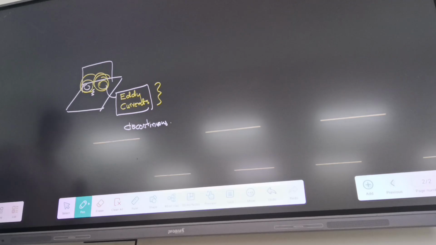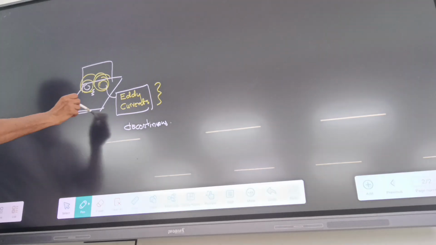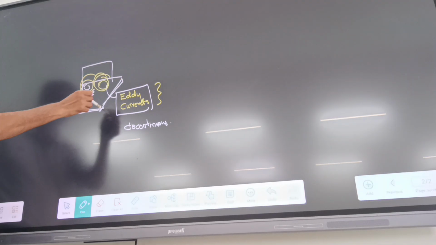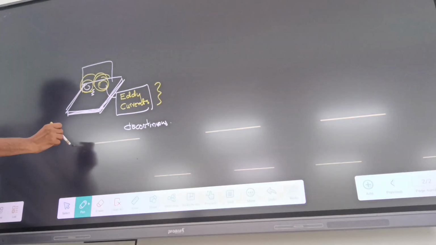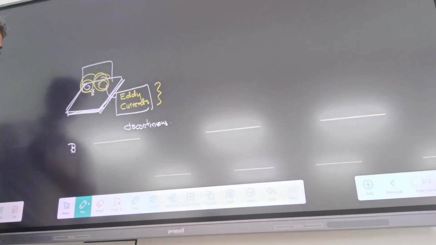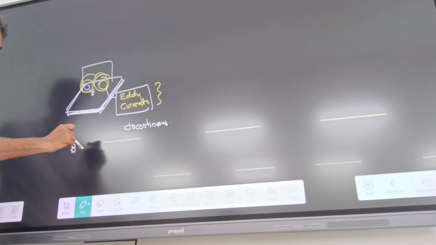There is one more aspect to this, that is depth. Up to which depth can we rely on the signal? Since we are using an alternating magnetic field, B is alternating.